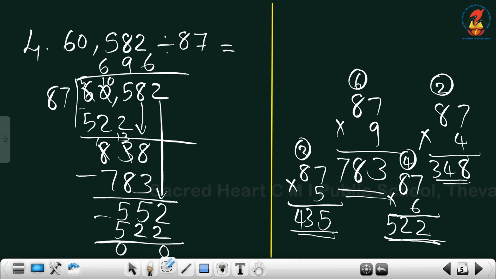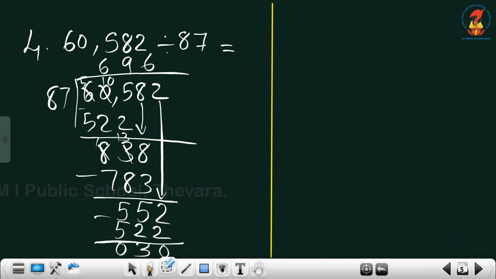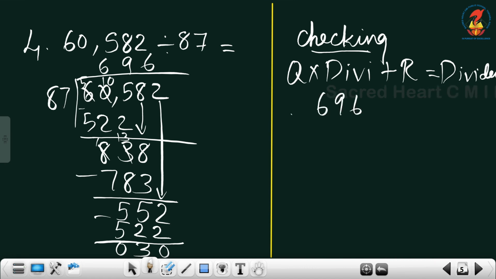Remainder is 30. Okay. Again, I need to check whether my answer is correct or wrong. Division checking. Checking is how? Quotient into divisor plus remainder equals dividend. Then the quotient is 696 into 87.